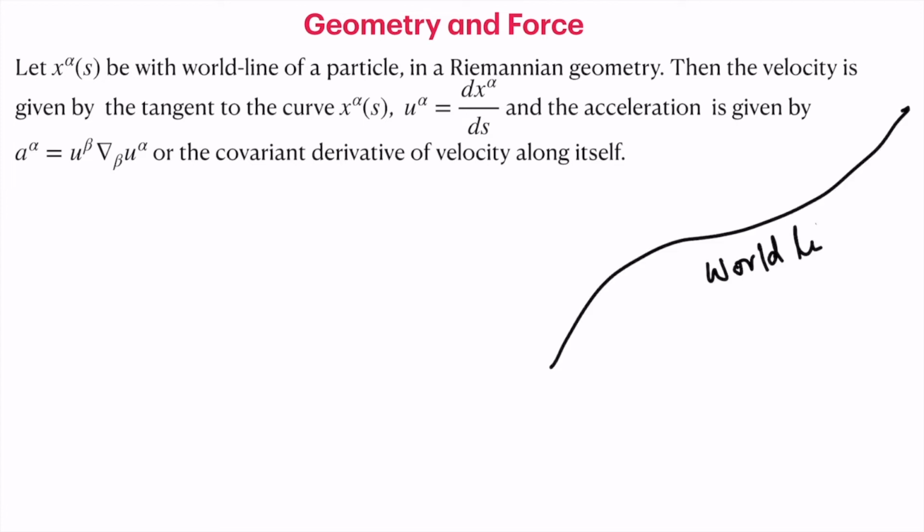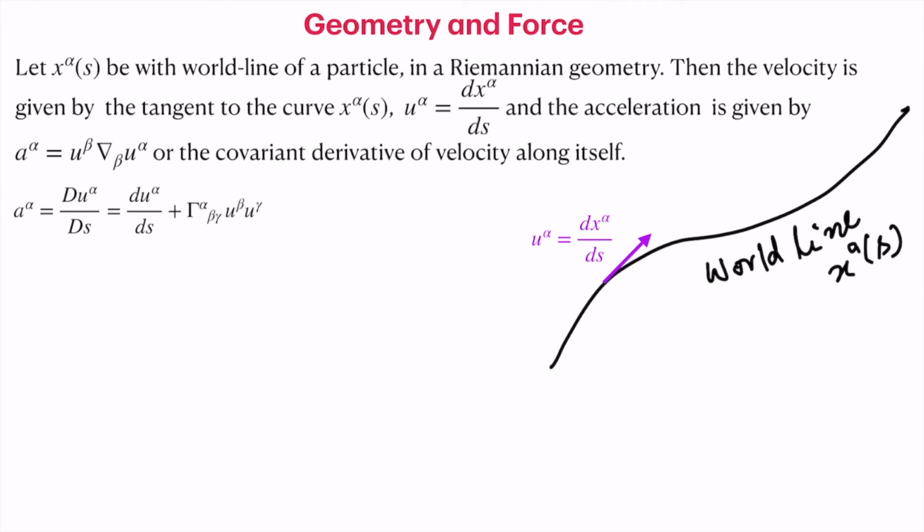You have a path traveled by a time-like particle that is given by x^α, and then you have a tangent vector u^α, which is given by dx^α/ds, and then you take a directional derivative, that is a^α is equal to capital D u^α/ds, expressed in terms of the ordinary derivative and the gammas, because the ordinary derivative now has to be replaced by the covariant derivative.